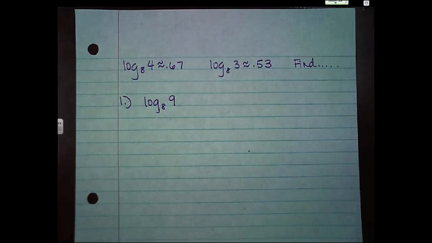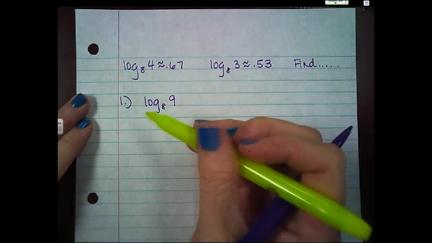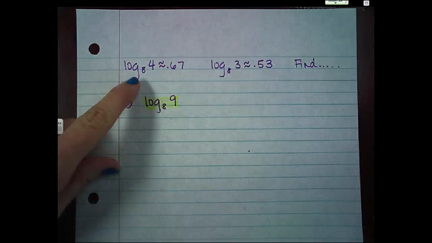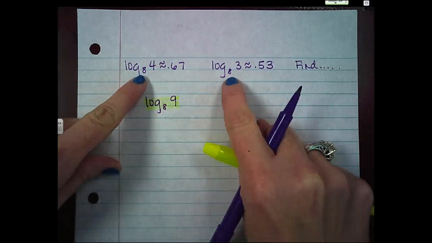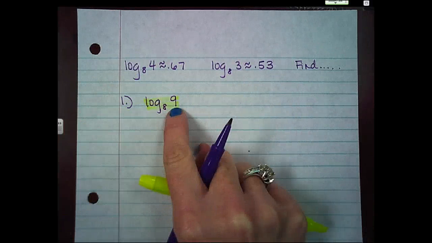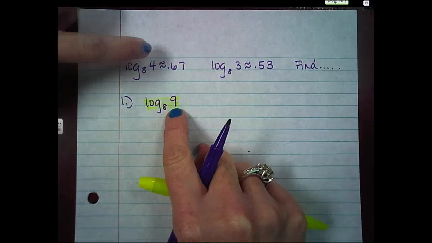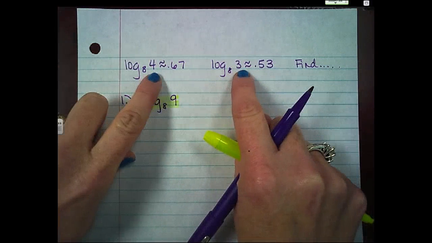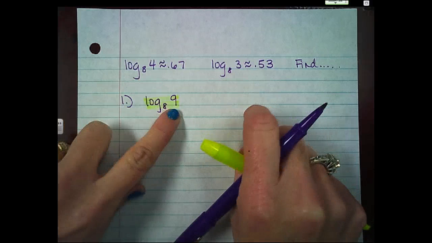Now, just like before, we rewrote everything with 5s and 10s. You'll notice all of these are base 8. What do you think I'm going to rewrite 9s with using? 3s and 4s. You're going to rewrite 9 using 3s and 4s.